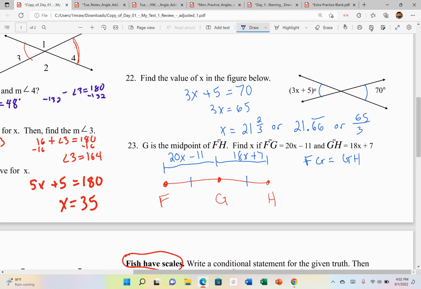So therefore, 20x minus 11 is equal to 18x plus 7. And then you can start to solve for x. You're going to get 2x equals 18, x equals 9. Ta-da!